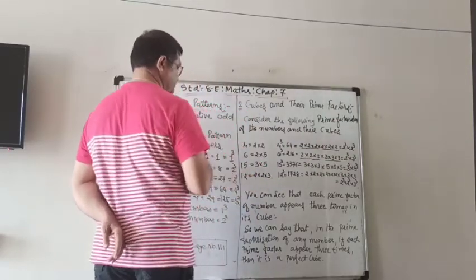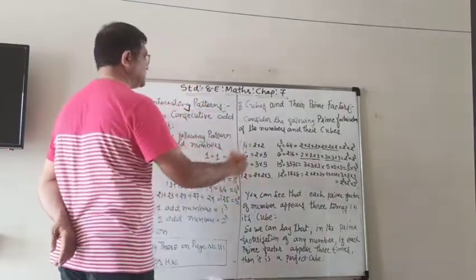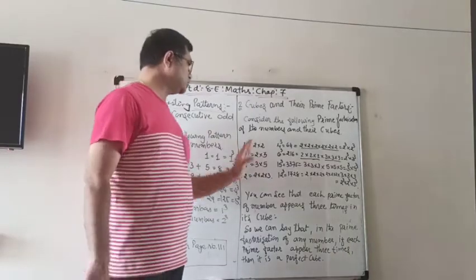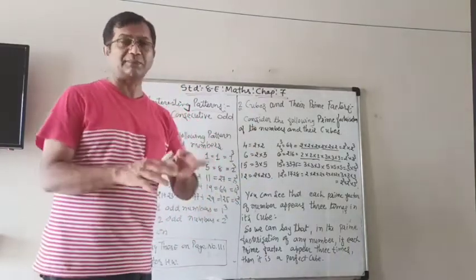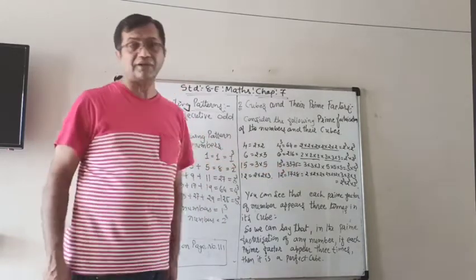Similarly for 15, what is the prime factorization of 15? It is 3 multiplied by 5, 3 5s are 15. So if you do 15 cube by multiplication, you will get the answer 3375.